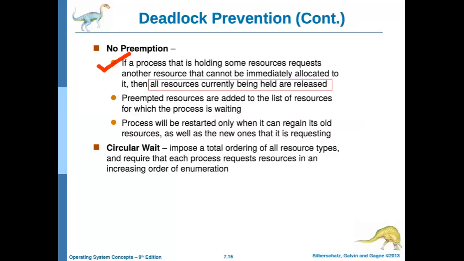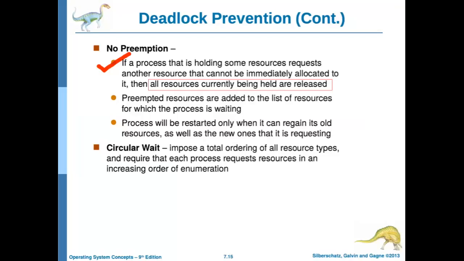So whatever the preempted resource is, that must be added to the list of resources the process is waiting for. Previously the process was waiting for just R2, now it will wait for R1 also. And whenever that process gets all the required resources, it will start execution.